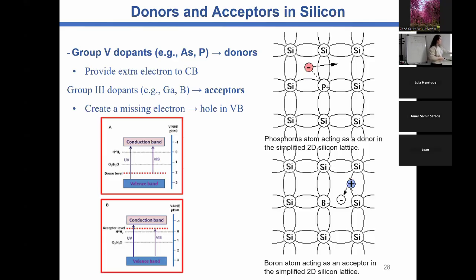So there is this gap, ultraviolet in energy, if the semiconductor is intrinsic, and if we dope the semiconductor, to make a transition from the valence band to the conduction band, just visible light can be used.